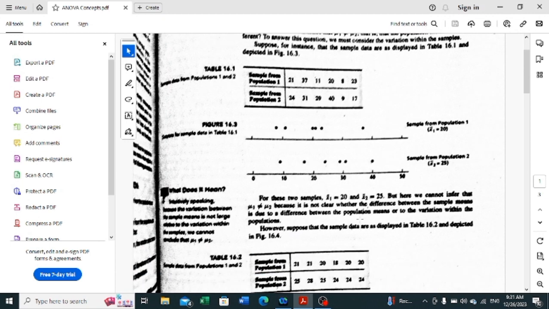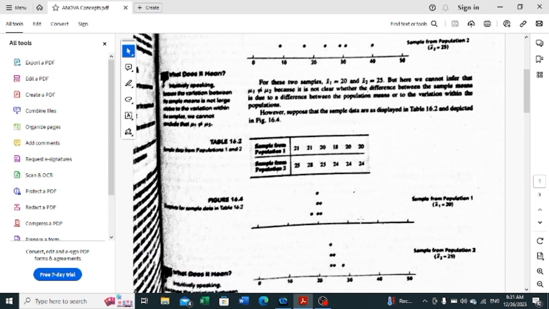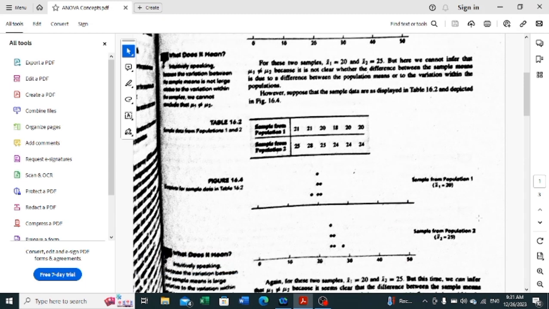Now, if we look at another data set that has similar findings, that is x1 bar is equal to 20 and x2 bar is equal to 25. Over here you can clearly see that the data that has the mean value of 20 has all the values concentrated towards its mean value, whereas data set 2, which has the sample mean value of 25, is concentrated entirely towards its mean value.